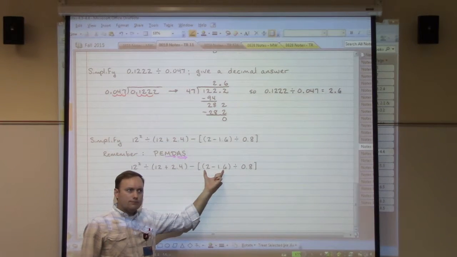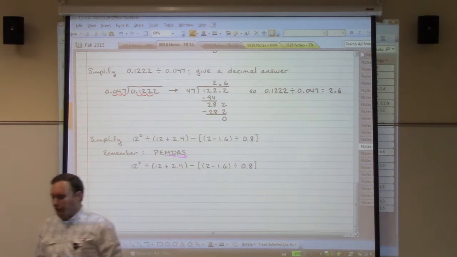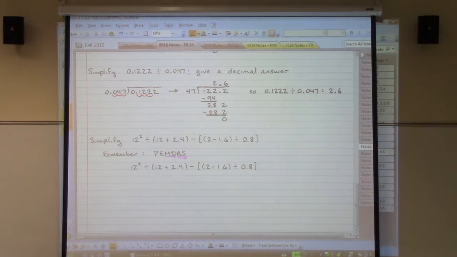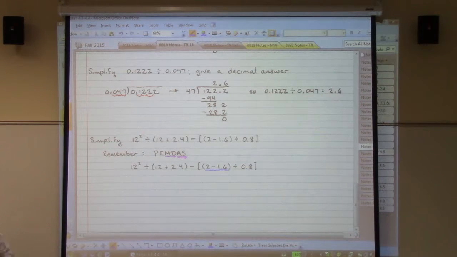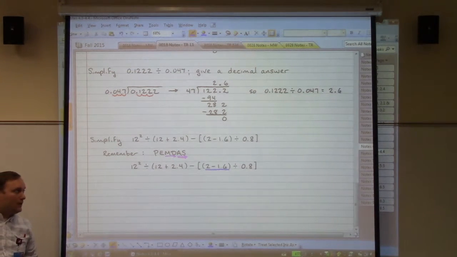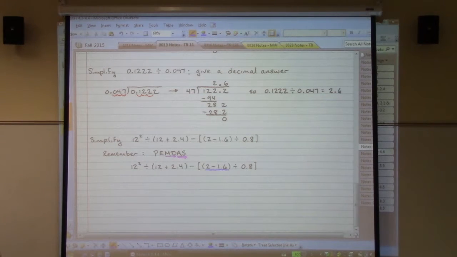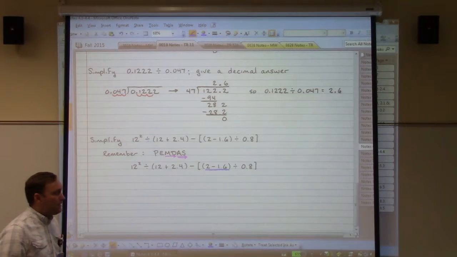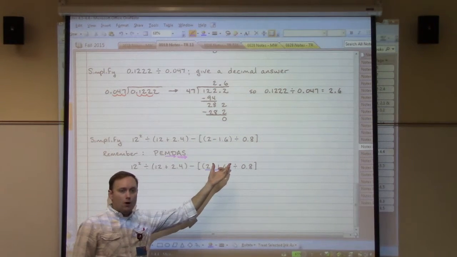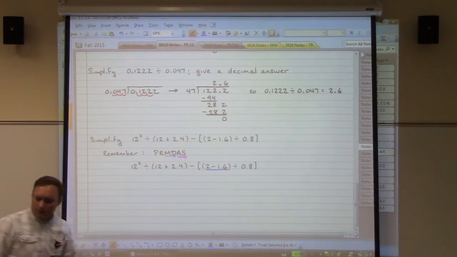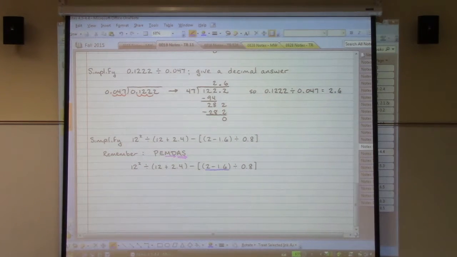So really our first step is to work with this set of parentheses, and we'll leave the other ones alone for a little bit here while we begin with 2 minus 1.6. So anytime we can use money, that's handy. So I can look at this as 2 minus $1.60. I could also just think of it as I have $2. I owe 1.6 or 160. Again, the money version helping me kind of make sense of that.